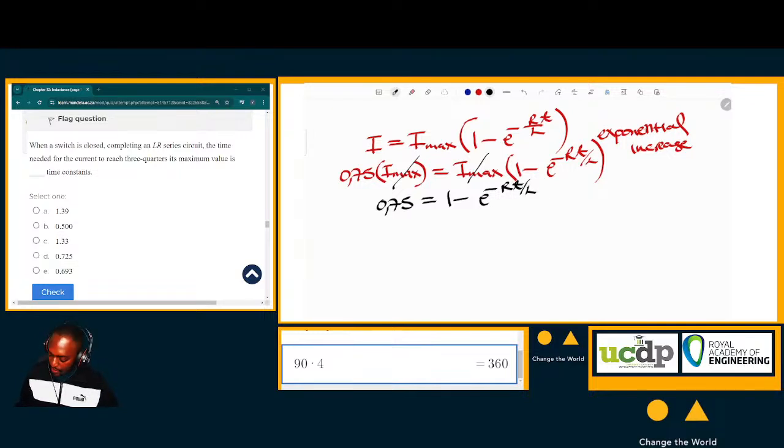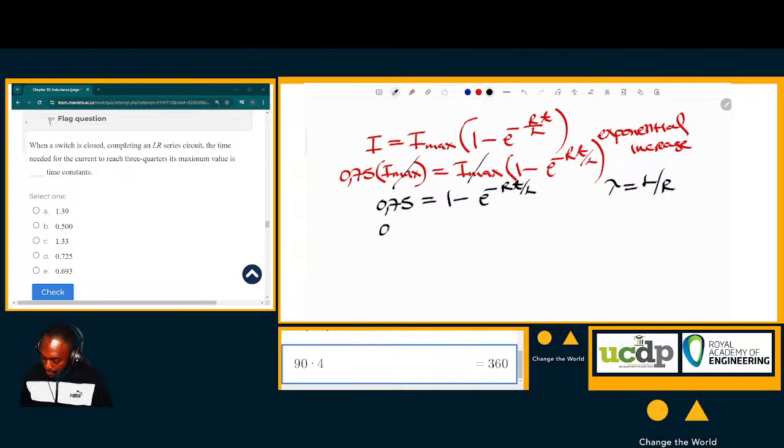But remember that your time constant is equal to L over R, which means we can factor in our time constant. The reason why we're factoring the time constant is because our question is asking how many time constants are needed for the current to reach 3/4 its value.